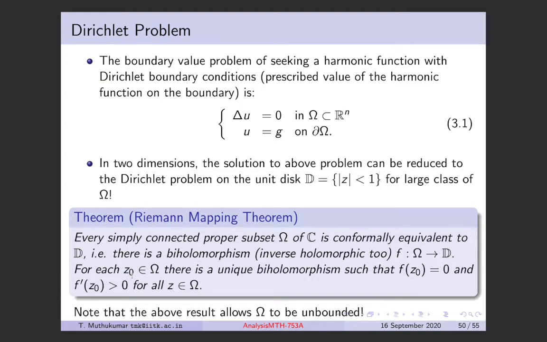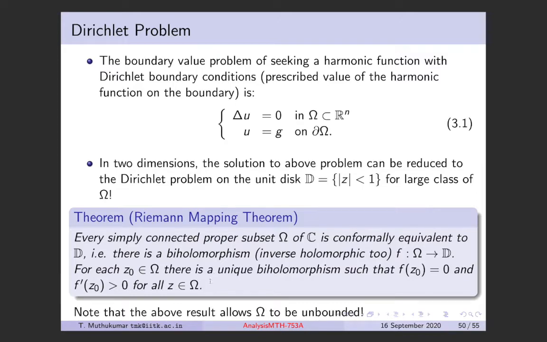What we are saying here is that for each z naught in omega there is a unique biholomorphism such that z naught is mapped to the center and f prime of z naught is positive. So once you fix z naught and demand that f prime of z naught is positive, you can pick one unique biholomorphism from all possible biholomorphisms.